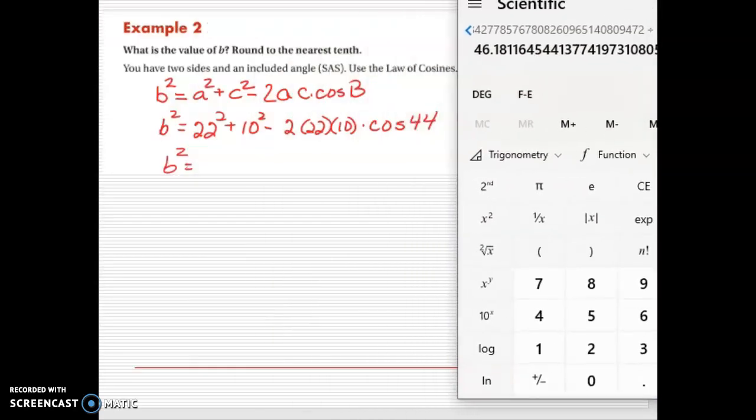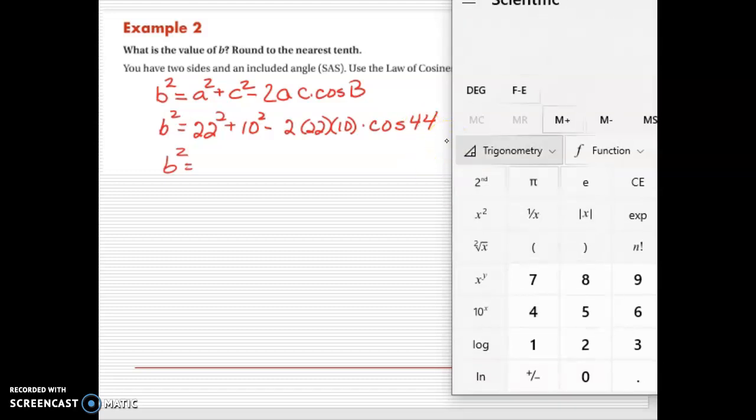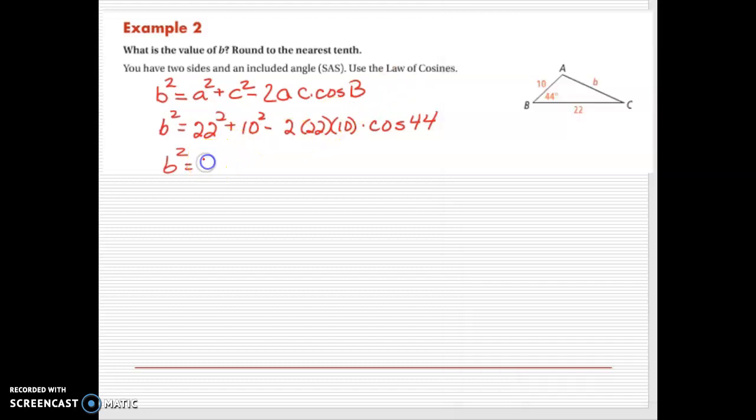So cosine of 44 I'm going to do first. Cosine of 44 times 10, just work my way backwards, times 22 times 2. So that's 316.5. So I'm going to have 22 squared plus 10 squared minus 316.5.